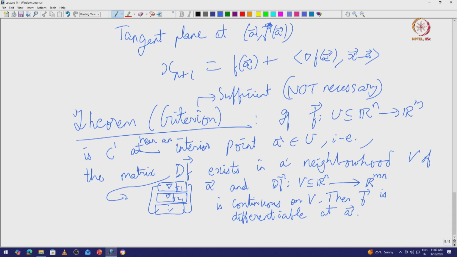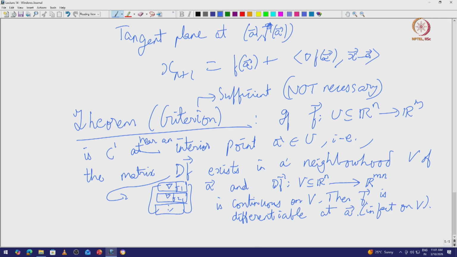But if partial derivatives exist and the partial derivatives themselves are continuous functions, so we are talking about the continuity of the derivative, not the function itself, in a neighborhood of the point under consideration, then f is differentiable, not just at a, in fact, on V. This is not the most optimal set of hypotheses for this theorem, but we don't really care, because wherever we'll end up using it, we'll have much more at our disposal than merely this.